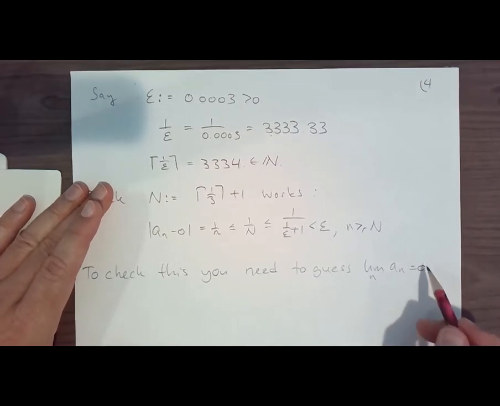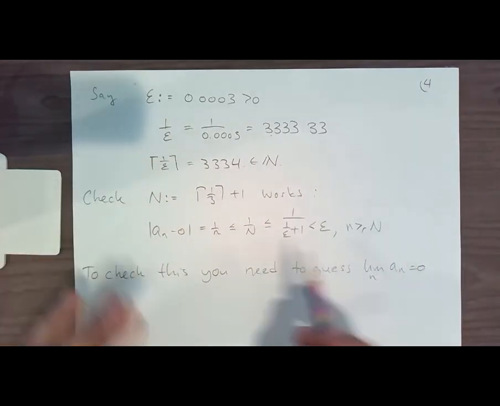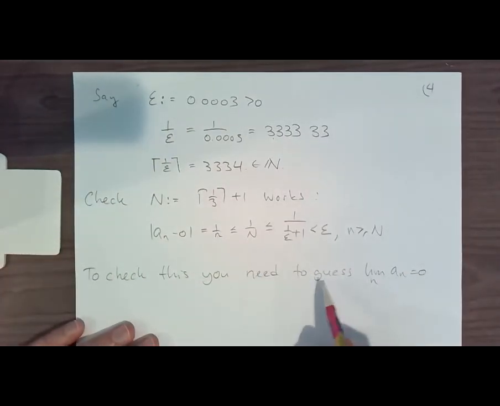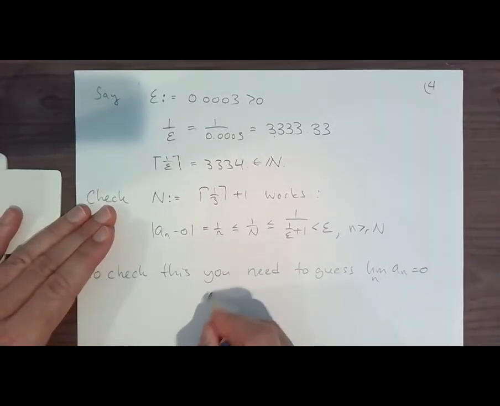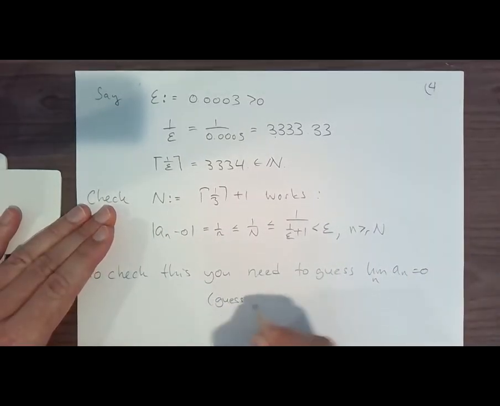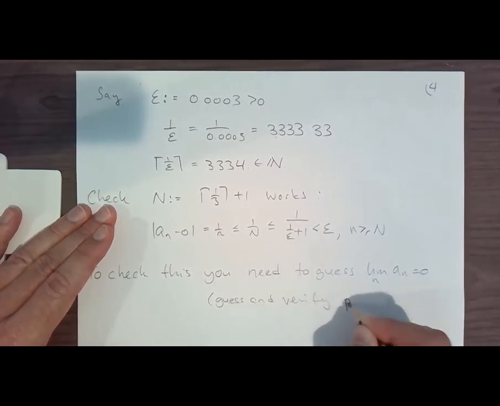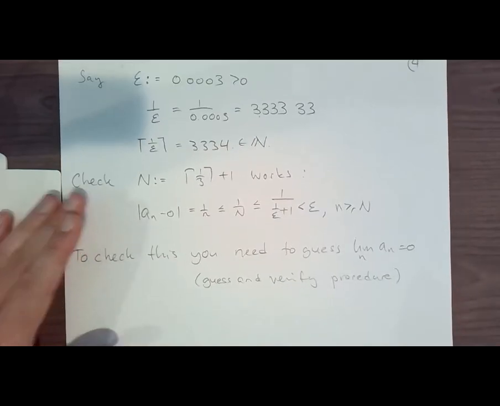Because if I would have plugged a 1 in here, I would try to verify something that is not true. So you need to be good at guessing the limit and then go back and check it. So this is like a guess and check procedure.